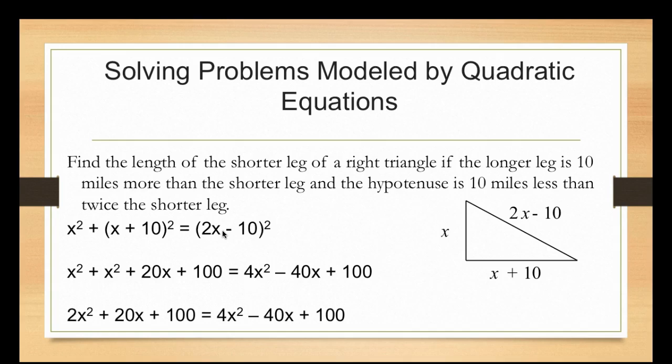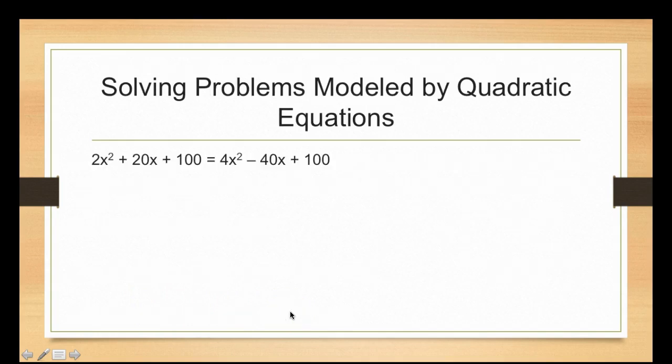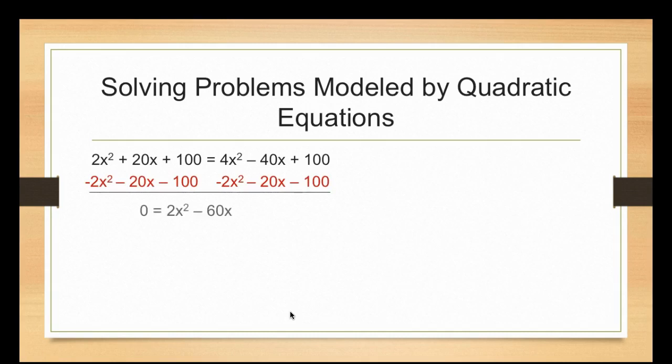And remember, with any quadratic, we want to set the quadratic equal to 0. So I'm going to subtract everything from this side of my equation, so it's set equal to 0. So I'm going to subtract 2x squared, subtract 20x, and subtract 100. When I do that, I'm left with this.